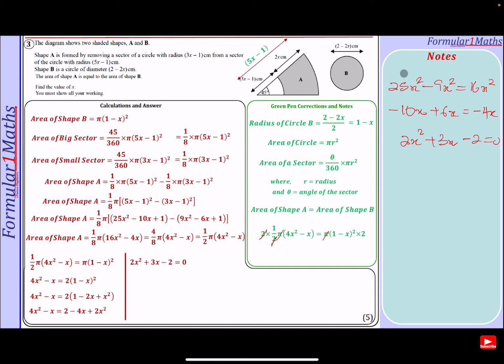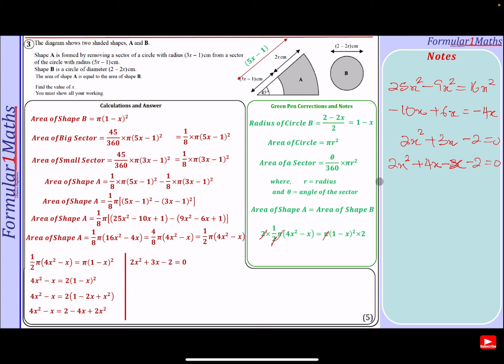So I'm going to replace the 3x by plus 4x minus x. So I'm going to get 2x remains, but the 3x is replaced by 4x minus x. Then the minus 2 remains equal to 0.